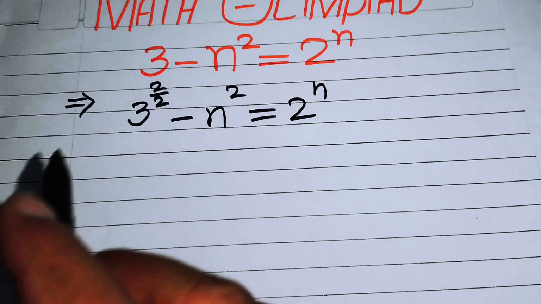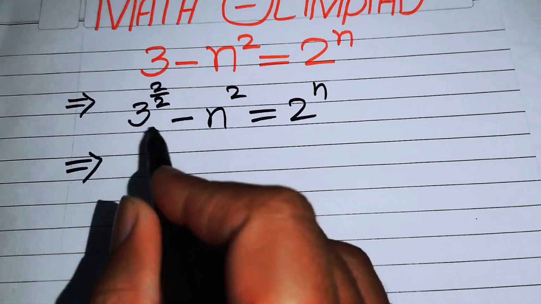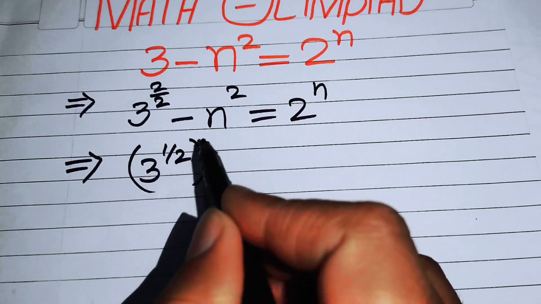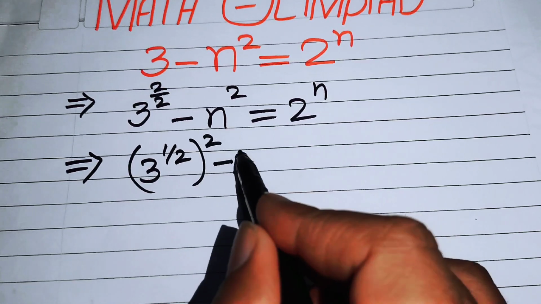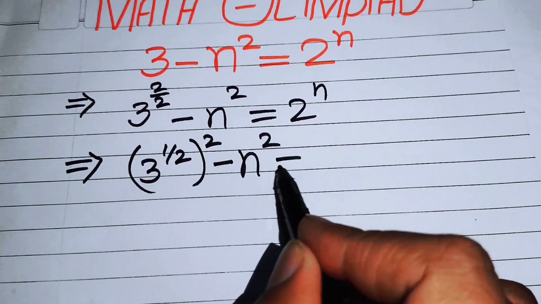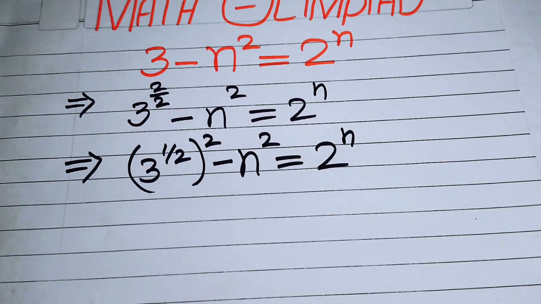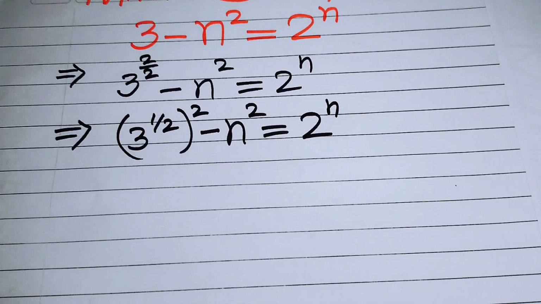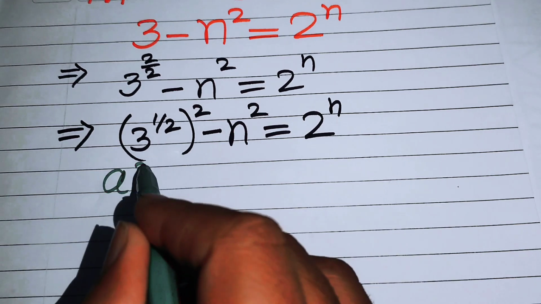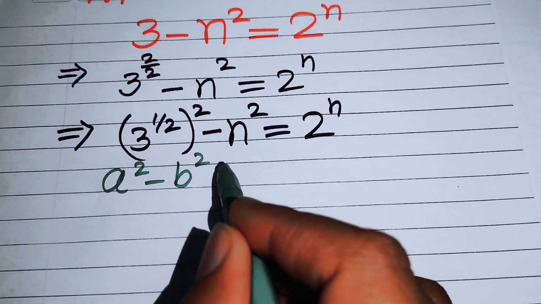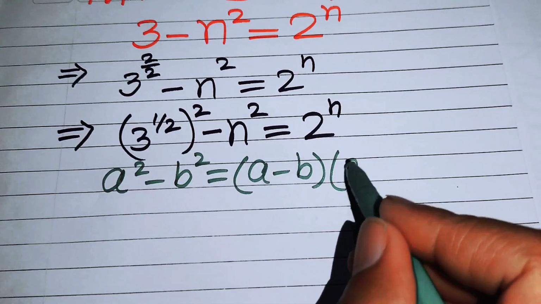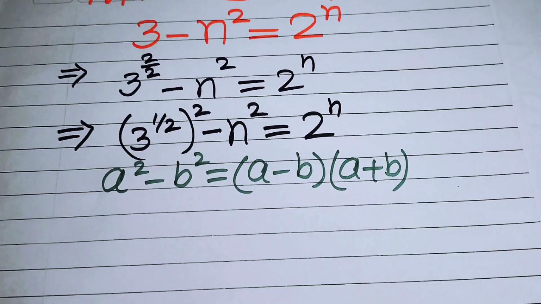And in the next step we will rewrite this equation as 3 to the power of 1 over 2, whole squared, minus n squared equals 2 to the power of n. So in the next step we will use the nice square identity, and you know about this identity. If we have a squared minus b squared, it equals a minus b times a plus b.